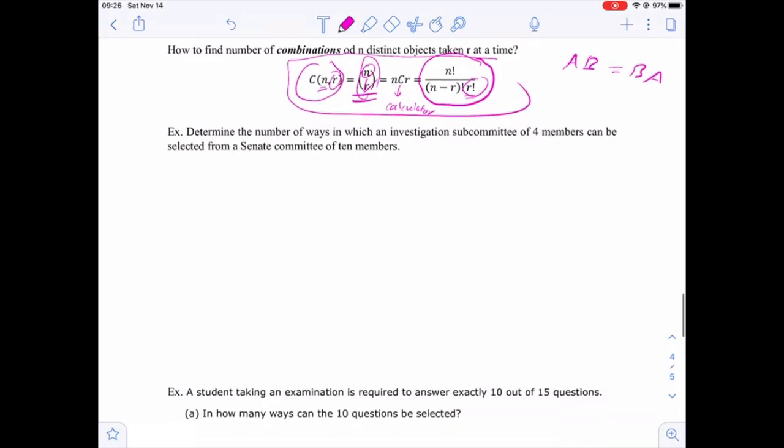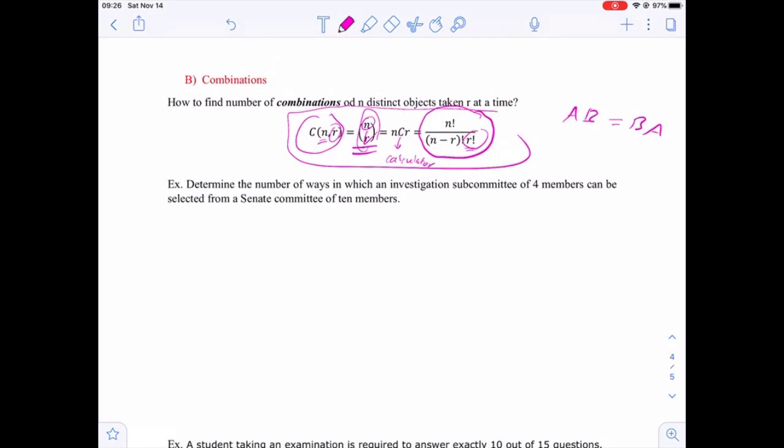So here we want to determine the number of ways in which an investigation subcommittee of 4 members can be selected from a Senate committee of 10 members. Here order is not important, so we just choose 4 out of 10.